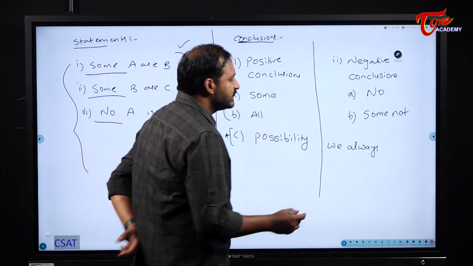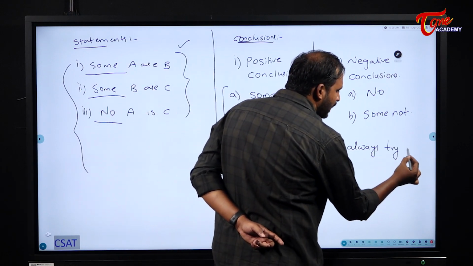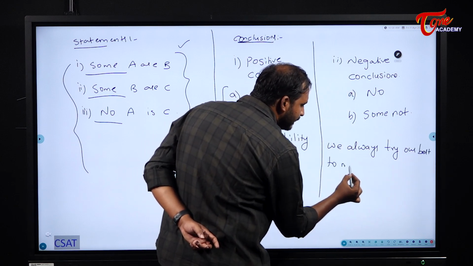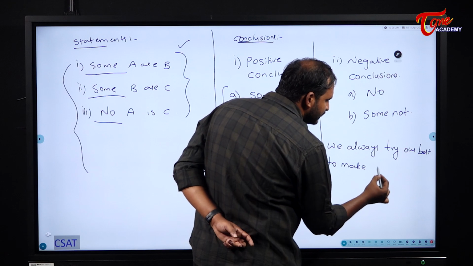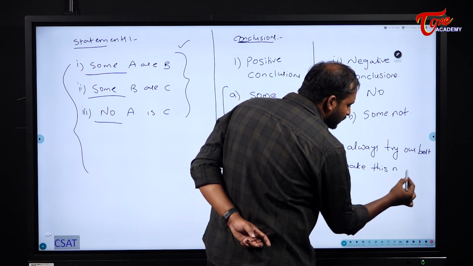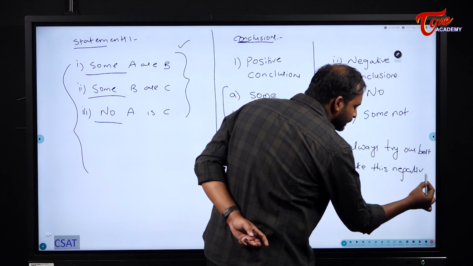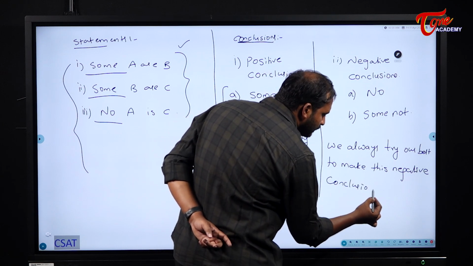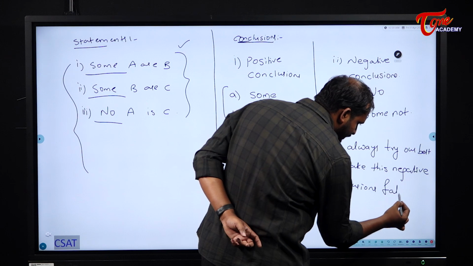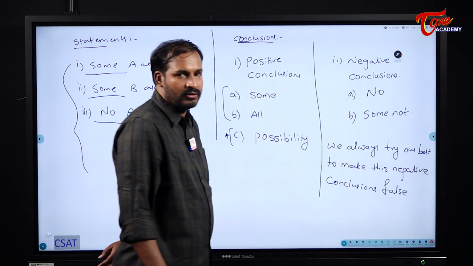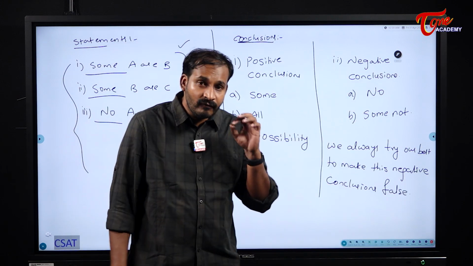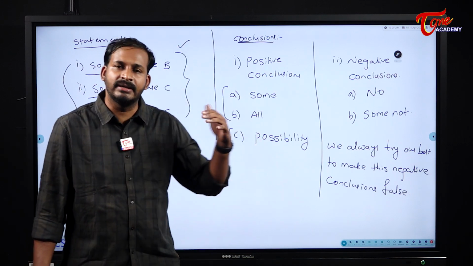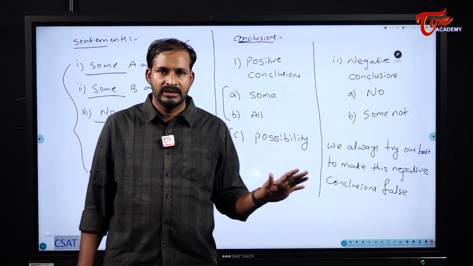We always try our best to make these negative conclusions false. False means it does not follow. Remember, in case of positive conclusions, we will never try to make them true or to make them false. Understood, students?